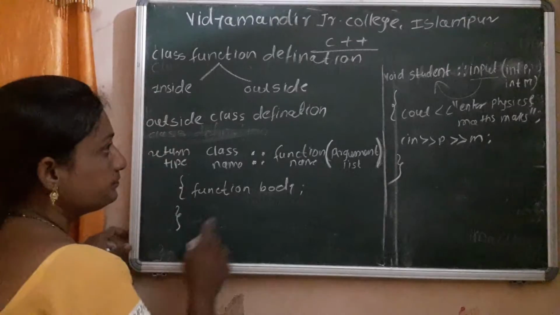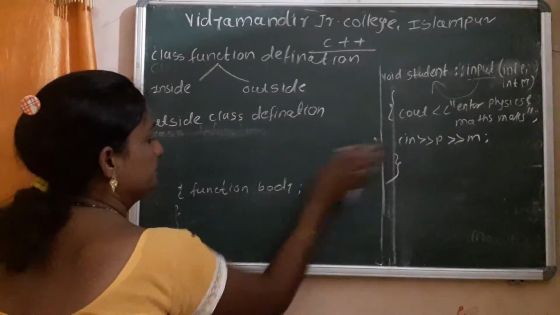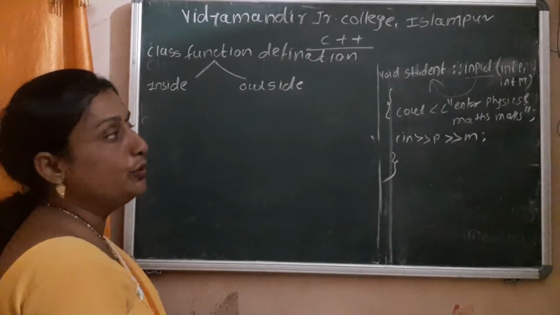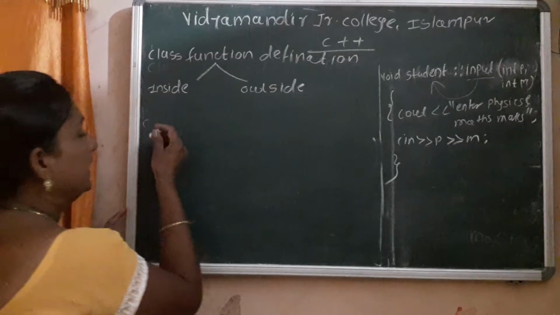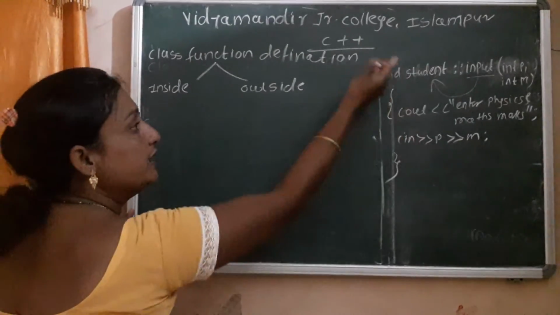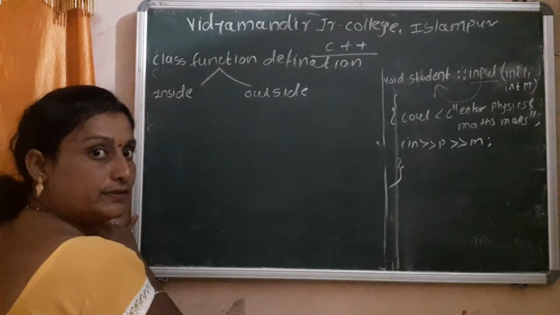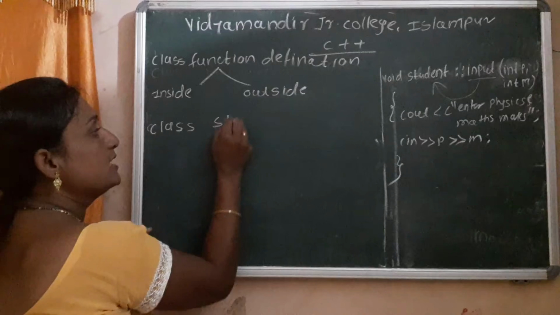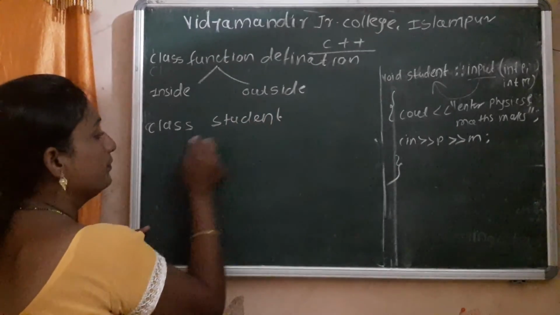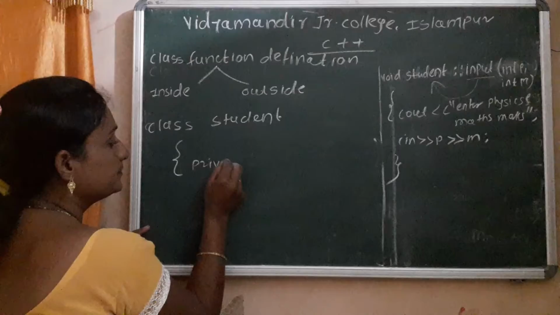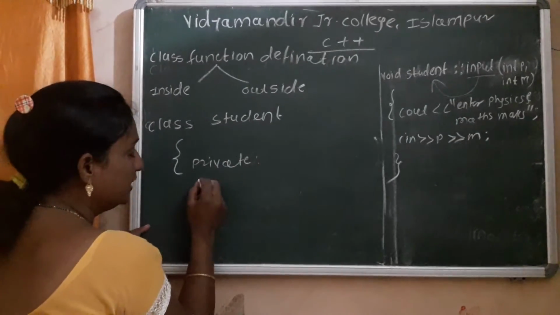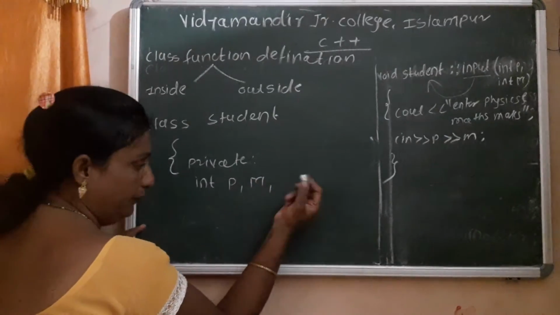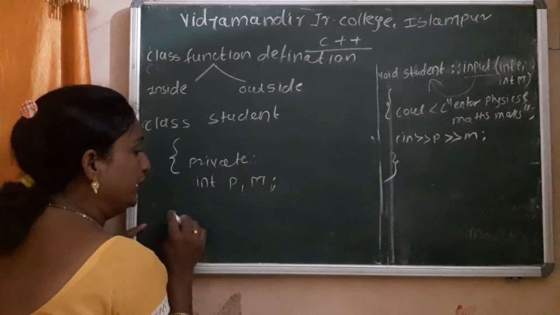For example, when I want to write a program using outside class definition, the first part is the class declaration. I write class, the name of the class, student, then private. In the private section I write int p, m, and we can use only these two variables.